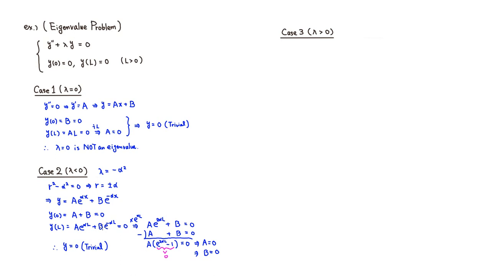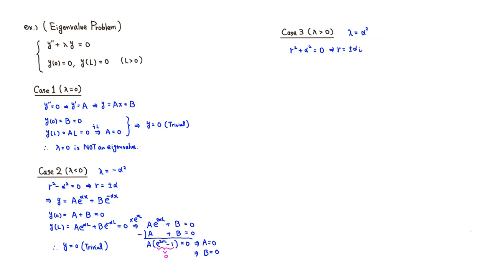Lambda is positive, right? So since it's positive, we can let lambda equal alpha squared. Then do the characteristic equation just like before. So we have r squared plus alpha squared is equal to 0, and this means that r is going to be equal to plus or minus alpha i.